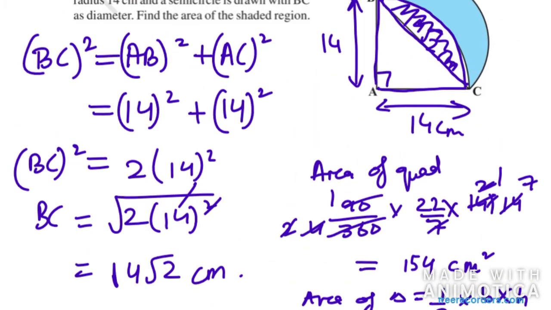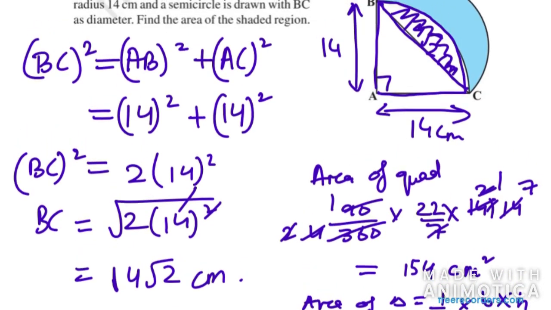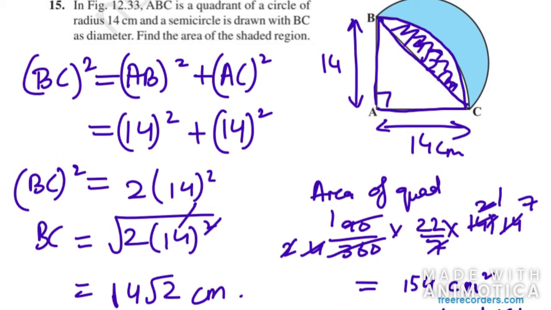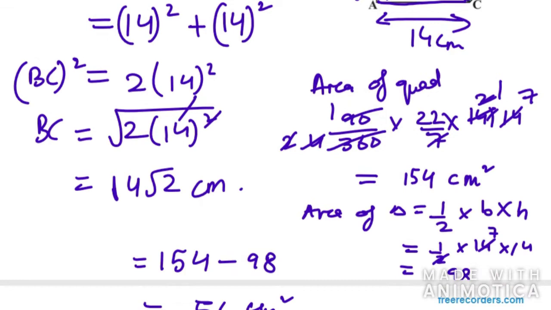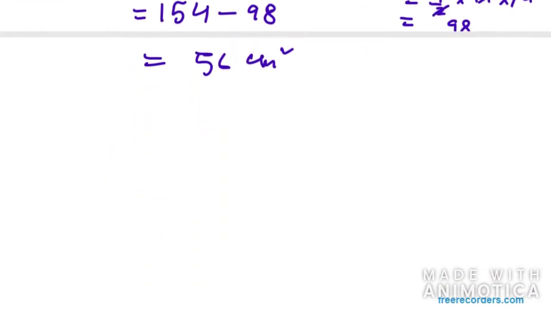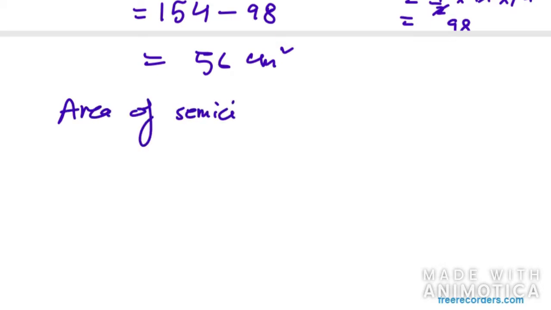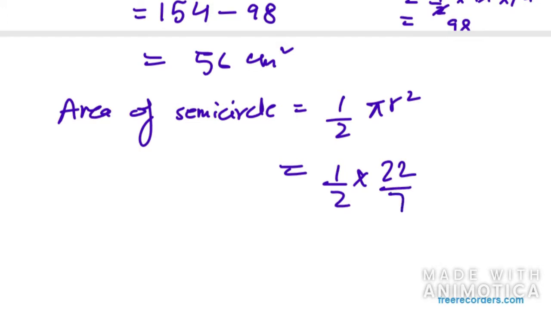Now we need to find the area of the shaded portion in this case. So first of all, I will find the area of the semicircle, that is this part. This is the area of the semicircle. Then I will subtract the segment value from the area of the semicircle. So the area of the semicircle will be half pi r square. Half pi is 22 over 7.